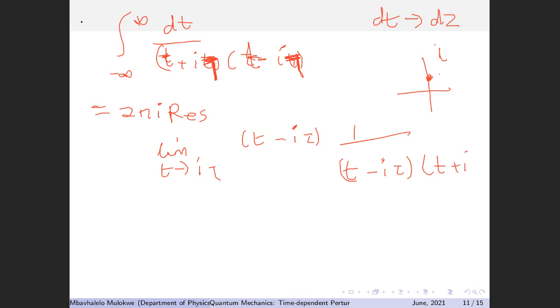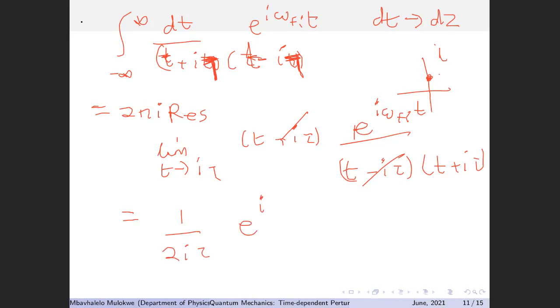So t minus i tau over t plus i tau. That cancels that, but there's still this integral over the angular frequencies. So you get e to the i omega final initial t. Everything cancels, and then you're just left with 1 over 2 i tau e to the i omega final initial, and the time is just replaced by i tau.